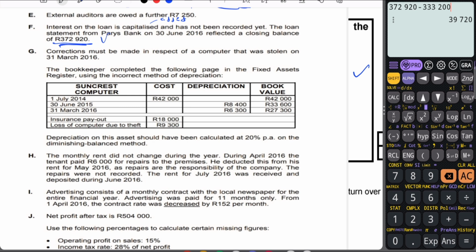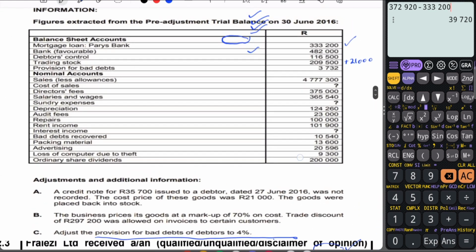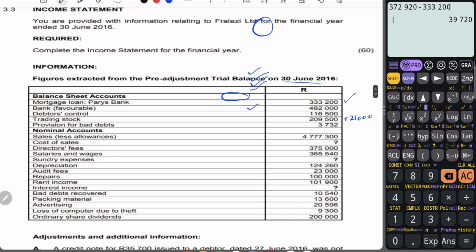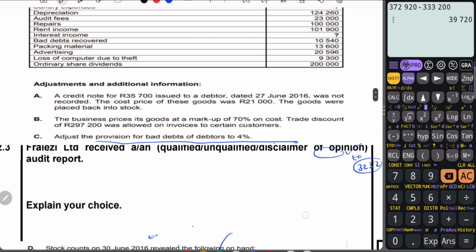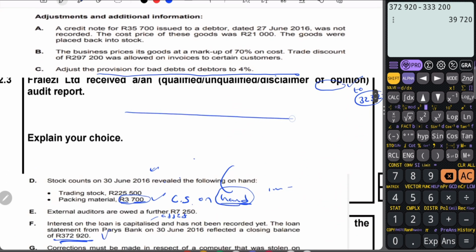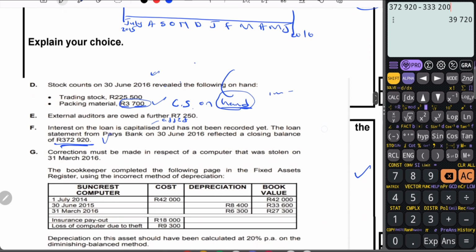Remember here we need to know our financial year. Our financial year ends on 30 June 2016. It means it started on 1 July 2015: August, September, October, November, December, January, February, March, April, May, June 2016, the end of our financial year.